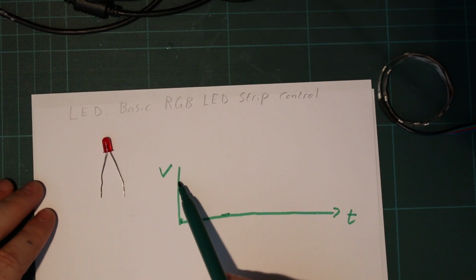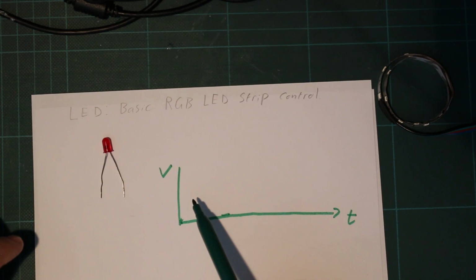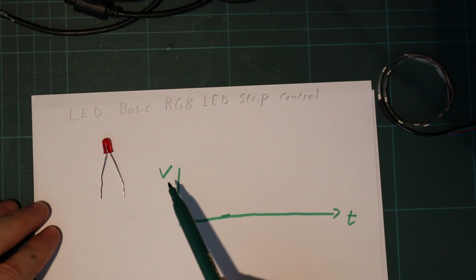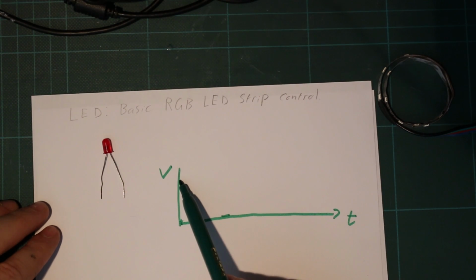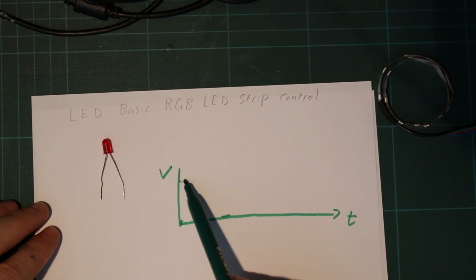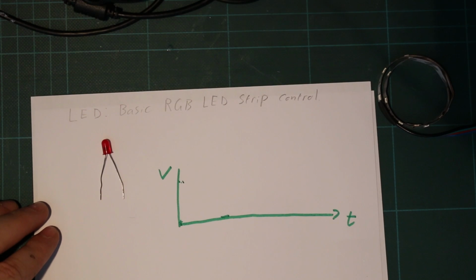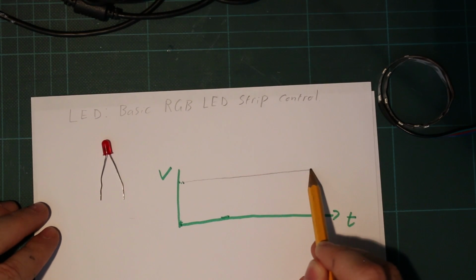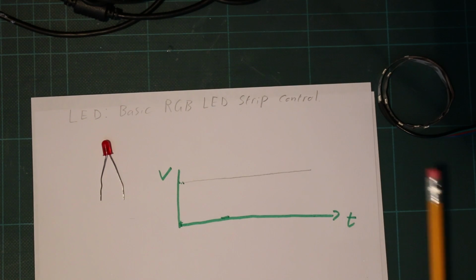It's determined by how long you leave it on. So we will turn on this LED for a fixed amount of time, and if we have our LED constantly on the entire time, we will see the LED at full brightness.